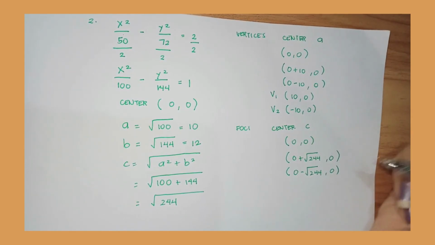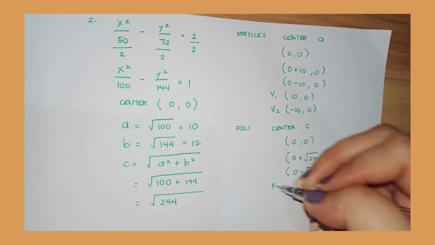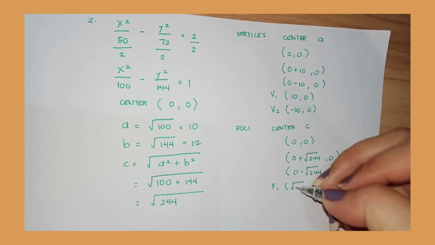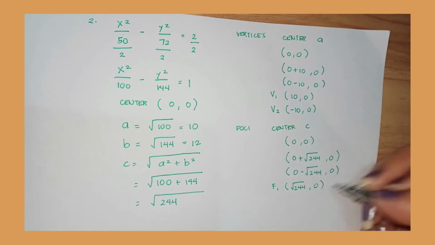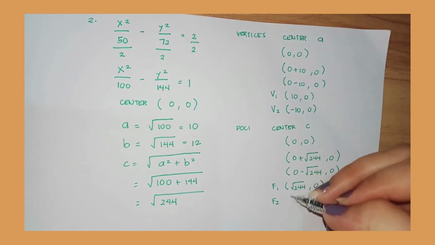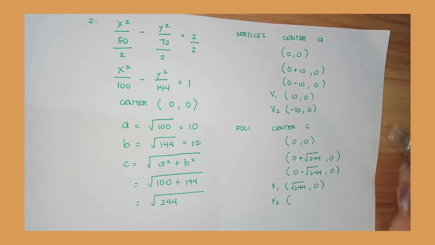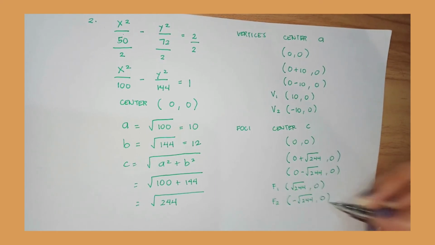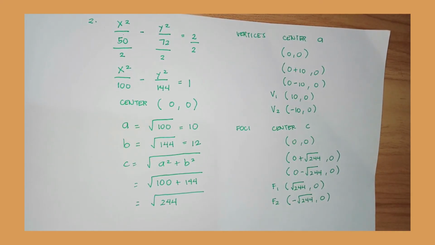Copy 0. Foci number 1 natin, square root of 244 and 0. Ang ating foci number 2, negative square root of 244 and 0. So, this will be our foci.